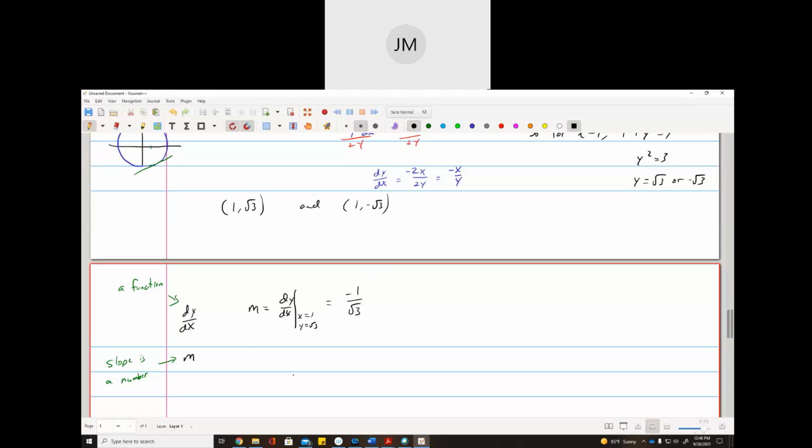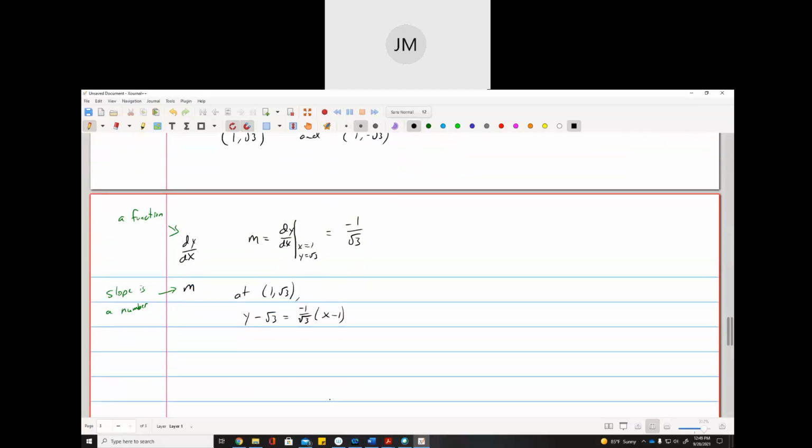Right? So then at (1, root 3), we have y minus root 3 equals negative 1 over root 3 times x minus 1. And I have the equation of a tangent line. Okay, and we can pretty this up a little bit. Distribute the slope, so I have negative 1 over root 3 x, minus a negative is plus 1 over root 3, and then add root 3 to both sides.